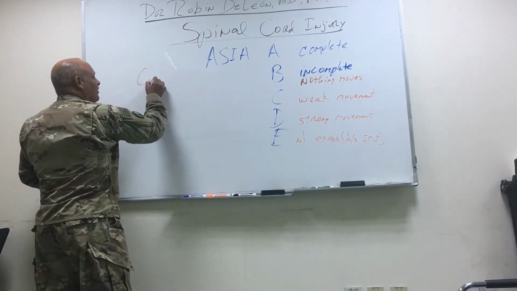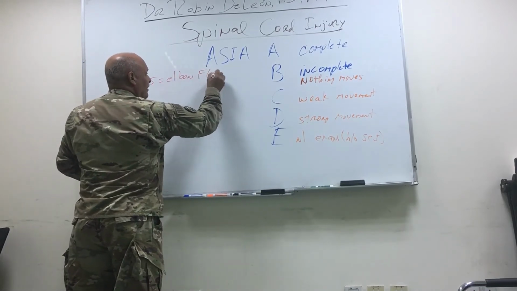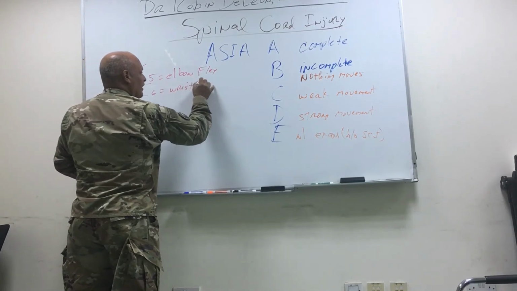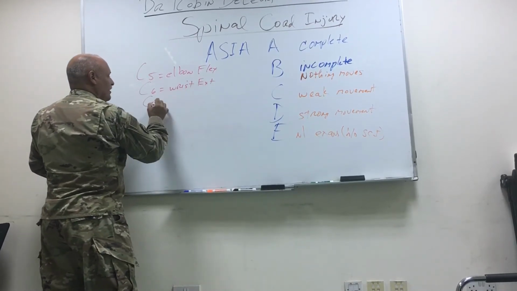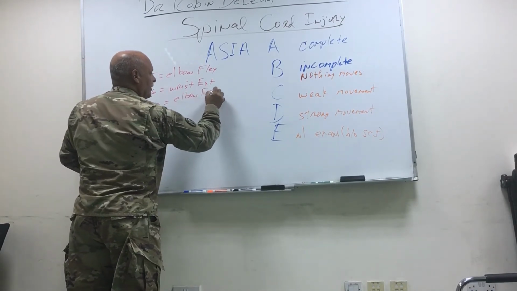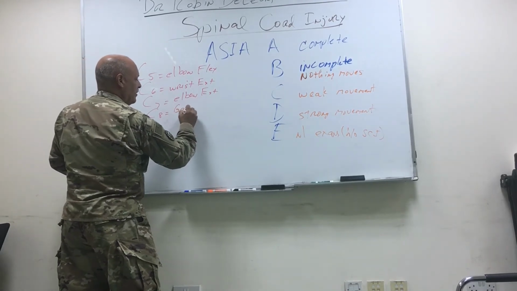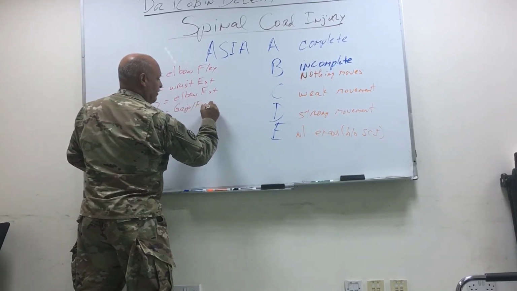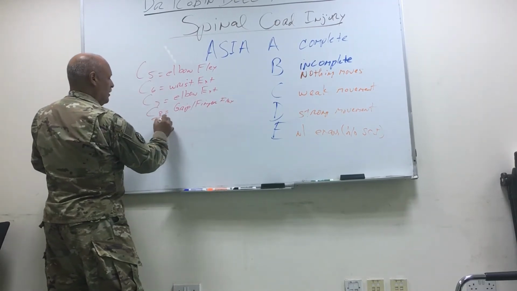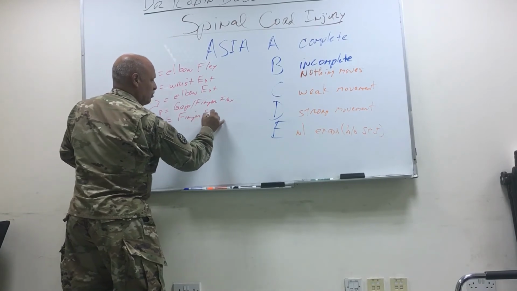So C5, elbow flex. C6, wrist extend. C7, elbow extend. C8, grip, finger flex. T1, finger spread.